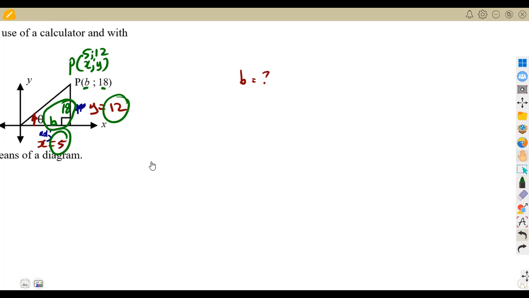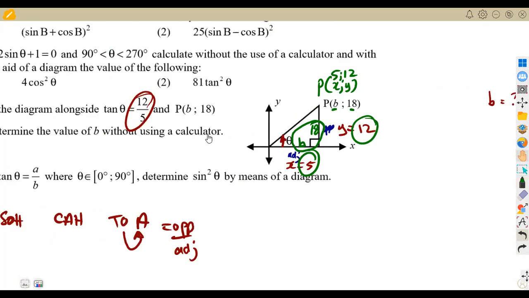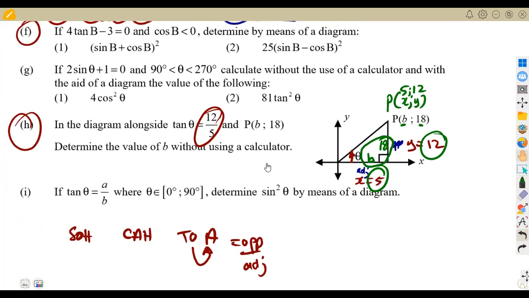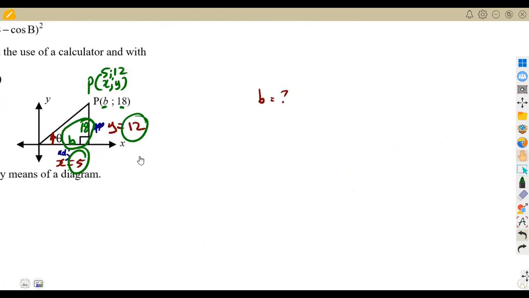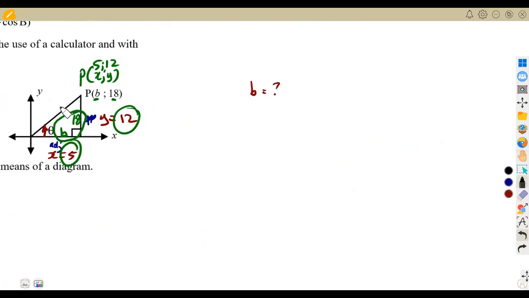From the same ratio of the tan, I'm given the tan of theta before, which we saw was given by the opposite over the adjacent, as 12 over 5.